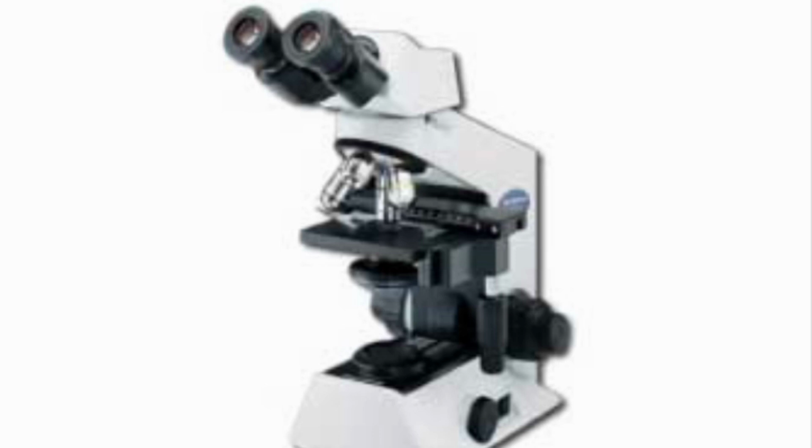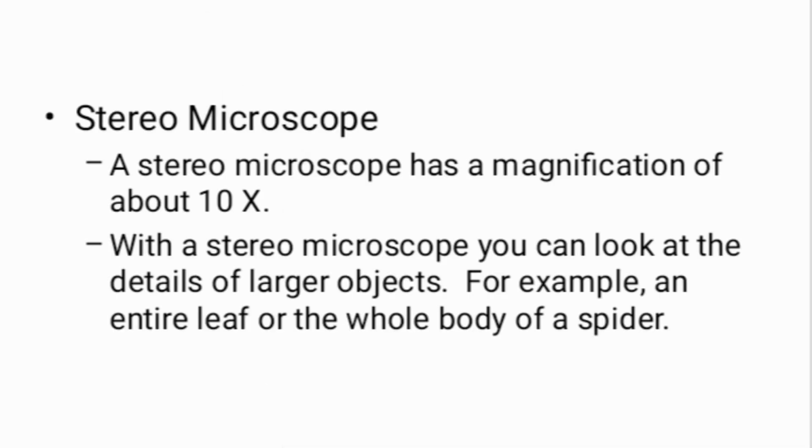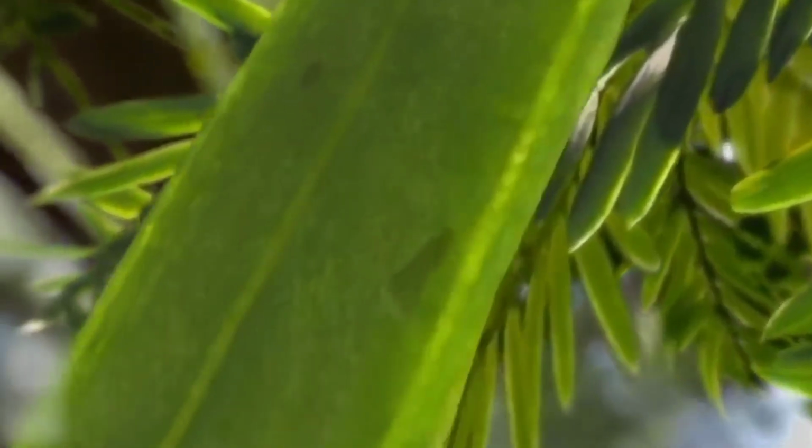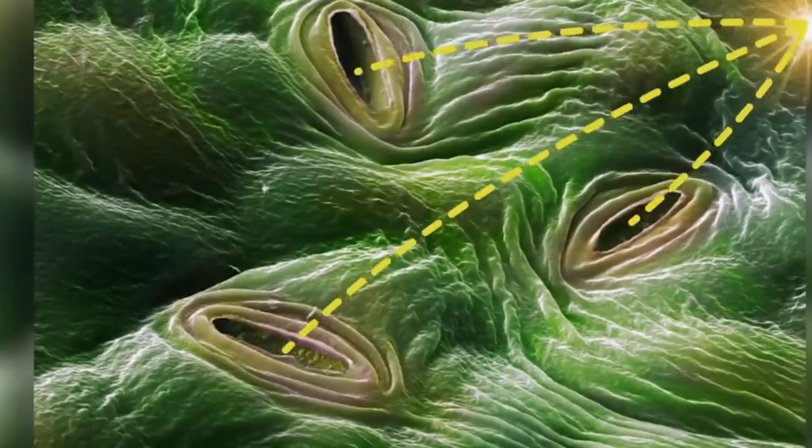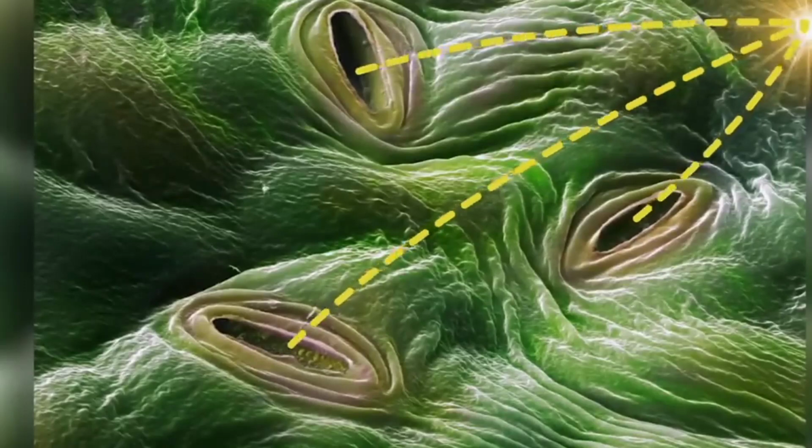All right, next slide. Stereo microscope. The magnification is 10 times. They are used for the observation of large objects. Example, a leaf, a whole body or a spider. All right, and let's look at the picture of a stereo microscope.